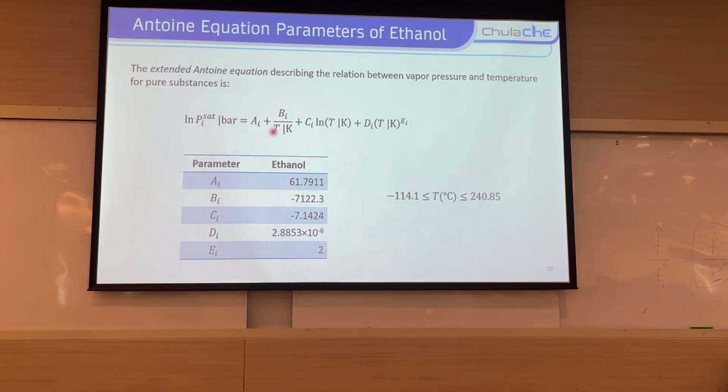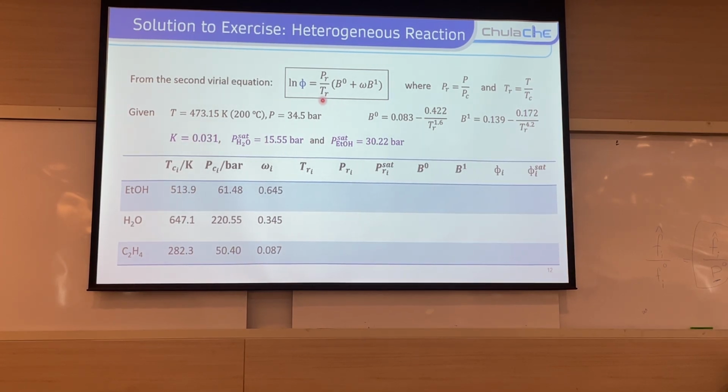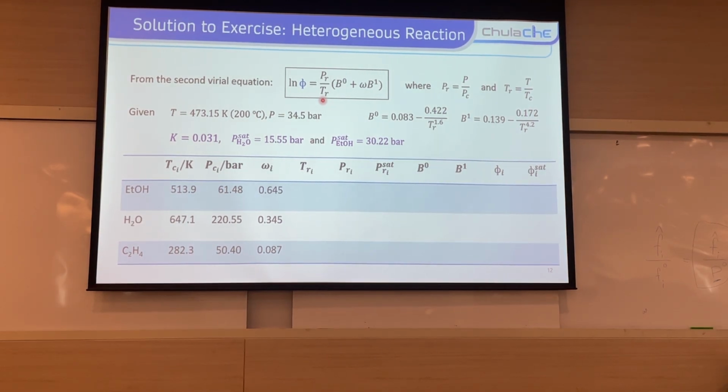As I said, the vapor pressure of the ethanol and water you can calculate from the Antoine equation. And for the fugacity coefficient of the pure species that I have here, as I said before, you can use the parameters of Lee-Kesler that are usually provided at the end of the thermodynamic textbook to calculate the fugacity coefficient.